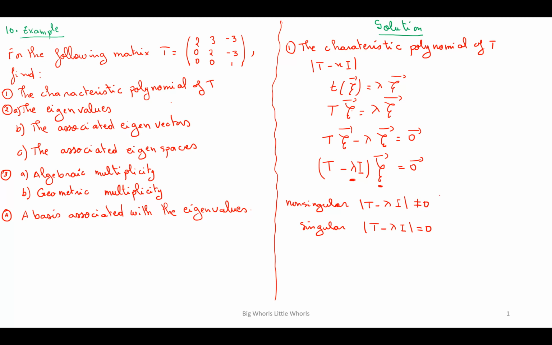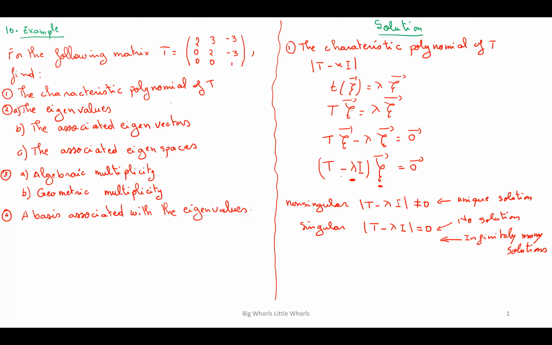That means non-singular means we have a unique solution, and here the determinant equals 0 means we have no solution or infinitely many solutions.